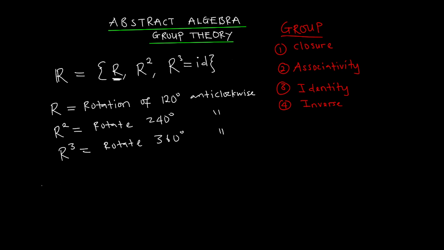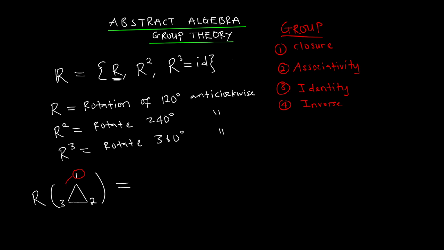So let me do an example. If I write something like this, it's just a notation. If I do R of this, it means take this triangle and then rotate it 120 degrees anti-clockwise. This is going to be our notation. So what is it going to look like when we rotate it?